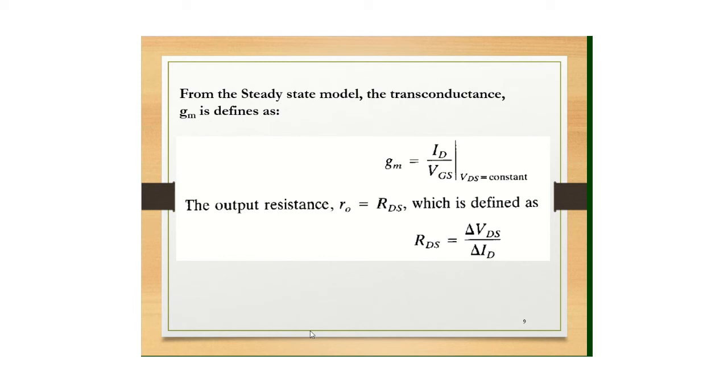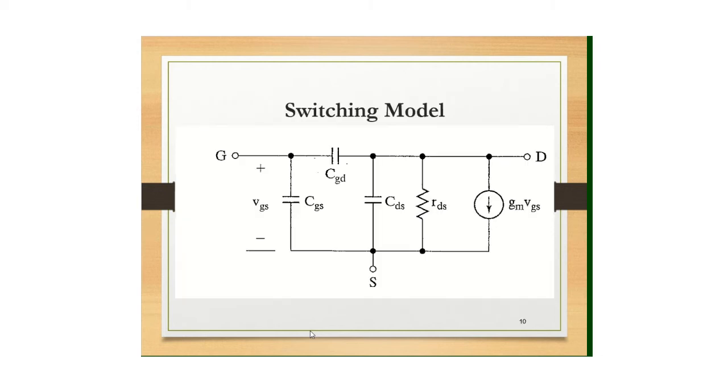All right. So coming to the switching characteristics, we can clearly understand with this switching model, where if you're not considering any gate signal or the input signal, then the whole setup of the enhancement type MOSFET can be imagined as two diodes connected back to back, or as an NPN transistor.